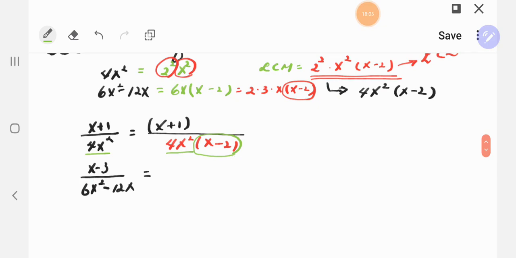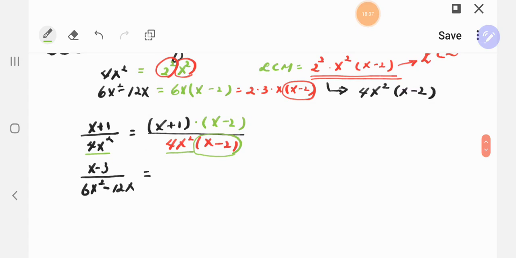So we have to multiply the numerator by the extra factor, x minus 2. The right side of this equation, once we reduce it, must give the original expression on the left side, where the numerator is x plus 1 and the denominator is 4x squared. So we must have this.